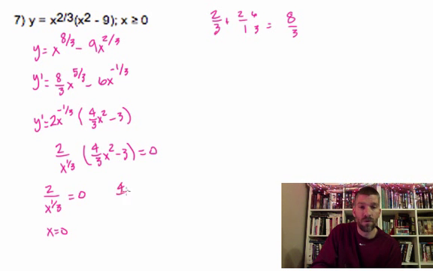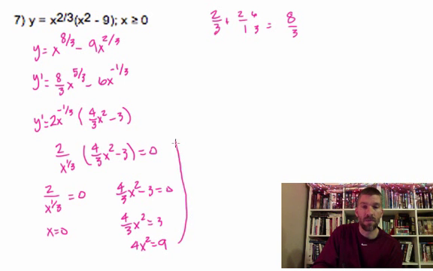And then when I do 4/3 x squared minus 3 equals 0, I'm going to add 3 to both sides. So 4/3 x squared equals 3, 4x squared equals 9. I'll just go right up here, get a little more room. X squared equals 9/4. And then take the square root of both sides.